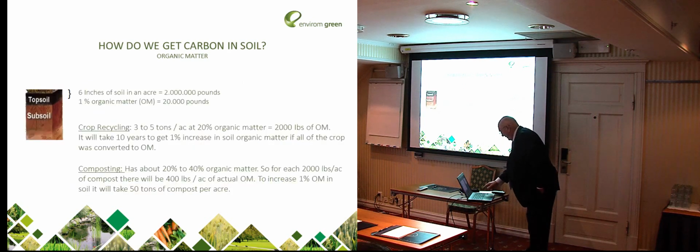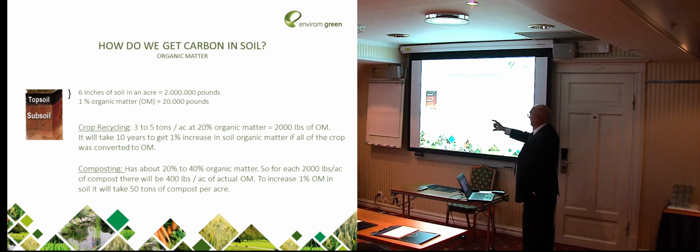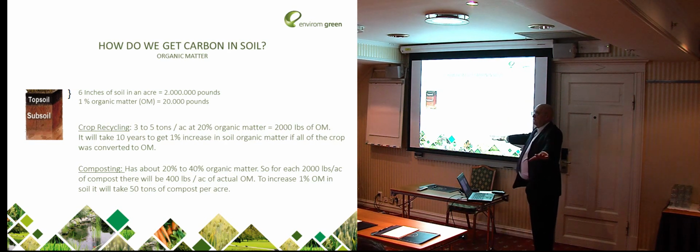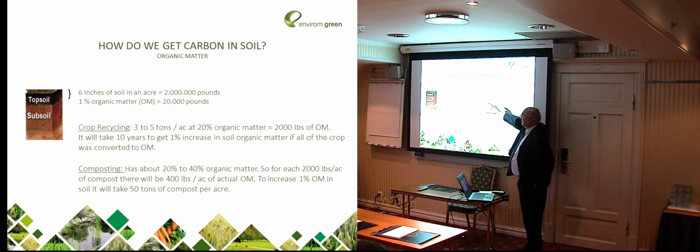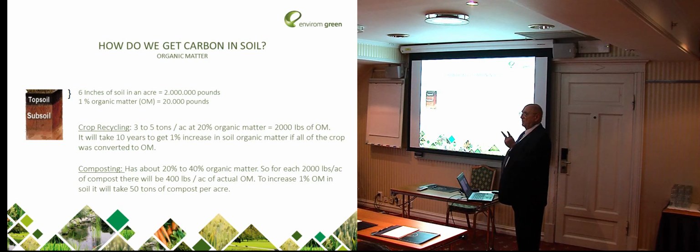Let's see, I've got one more to get to, how to build carbon. If you took 6 inches of soil, which is, I don't know how many centimeters that is, but 6 inches of soil is about 2,000 pounds of material per percent. That's usually what the topsoil is, about 6 inches. Desert soils run between 1 and 3% organic matter.